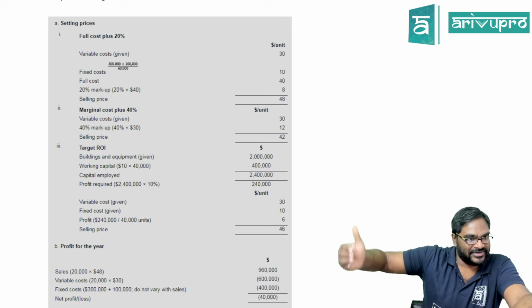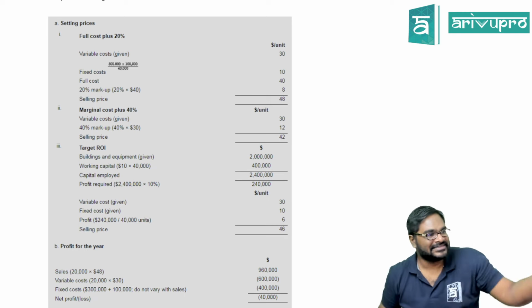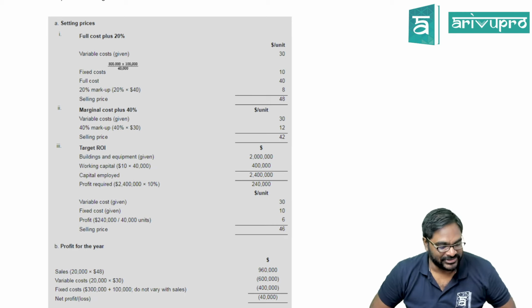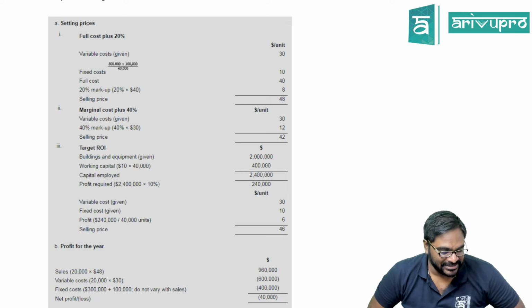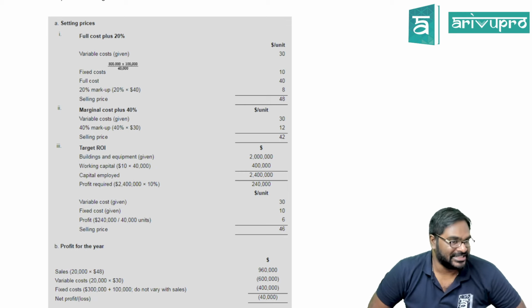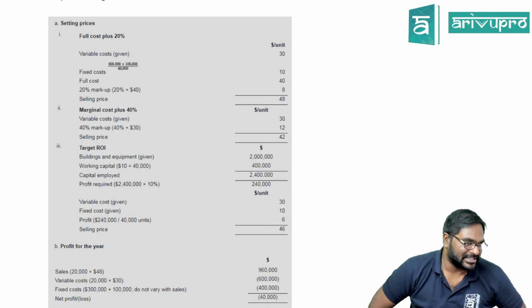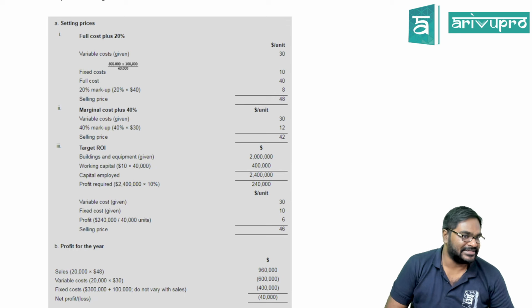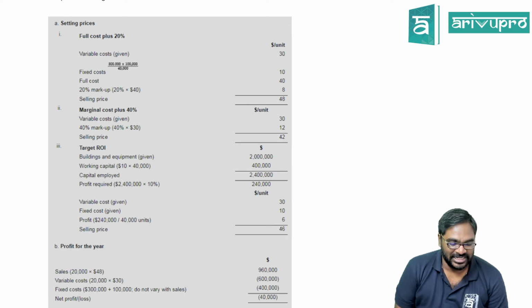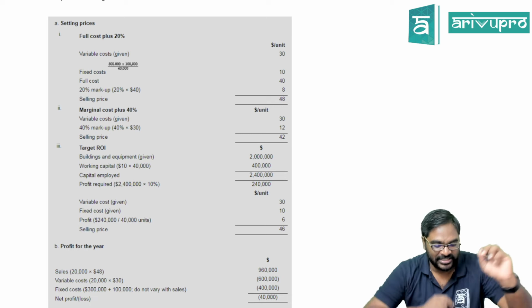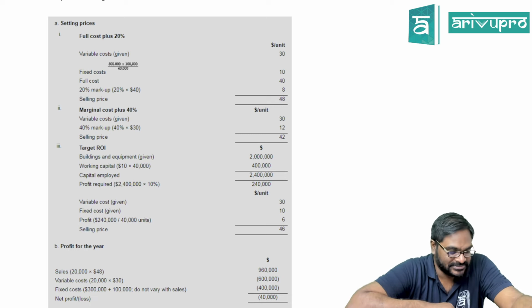It's a new venture that we are talking about. So our investors are the ones who are going to pump money into our working capital also. So they are saying working capital is $10 per unit. So 10 into 40,000, 400,000 will also be invested by the investors. So that means total capital employed would be 2.4 million.